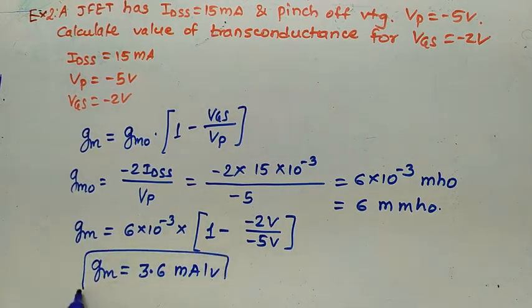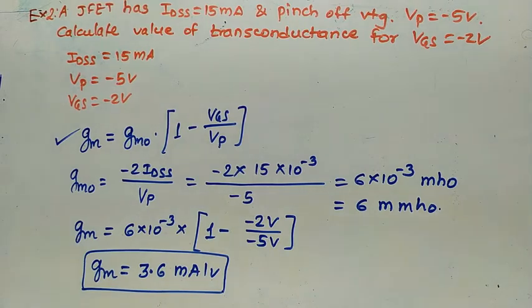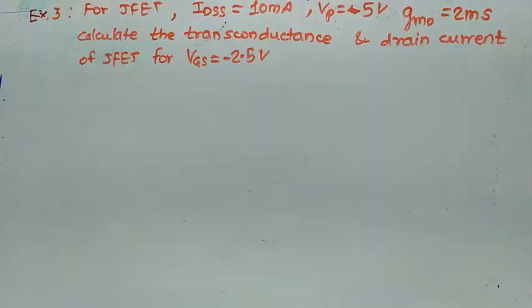So by using the transconductance formula, we can find the transconductance for given values of IDSS, VP and VGS. Now let us move towards the third example.